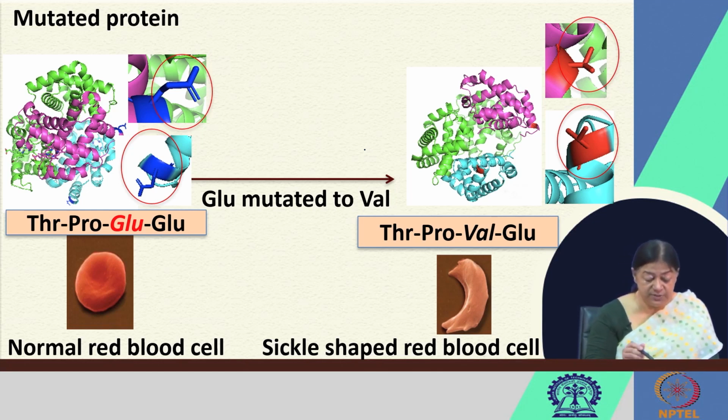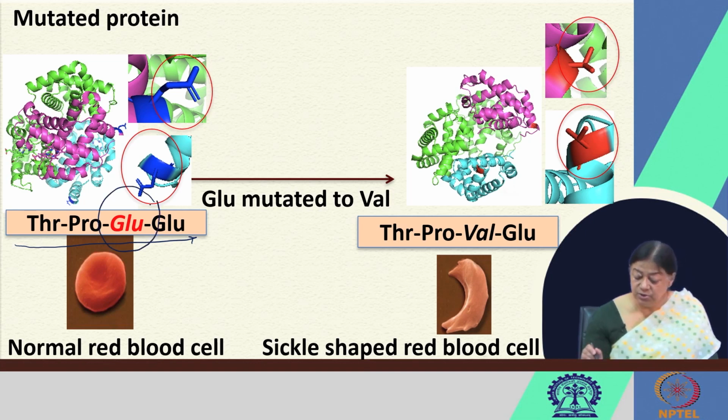In this mutated protein, if you look at the sequence, we know now that this is a sequence of the protein and we know that these are connected by peptide bonds. The change or the mutation in this case is from a glutamic acid to a valine.